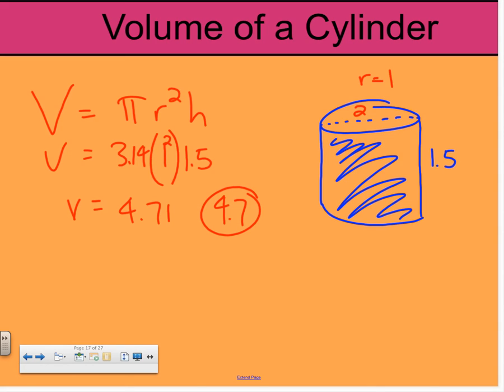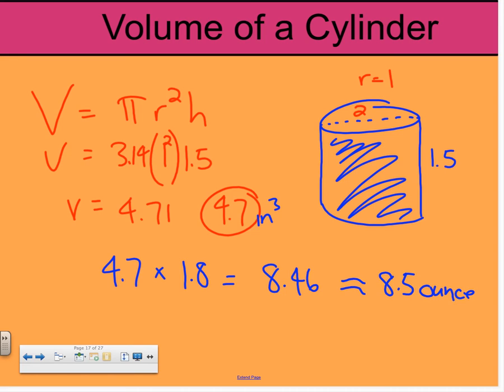So that means I need to take my 4.7, and remember this was cubic inches, and I need to multiply that now by 1.8 because each cubic inch is 1.8 ounces. And after I do that multiplication, I get 8.46. So the paperweight weighs about 8.46, or it's approximately equal to 8.5 ounces.